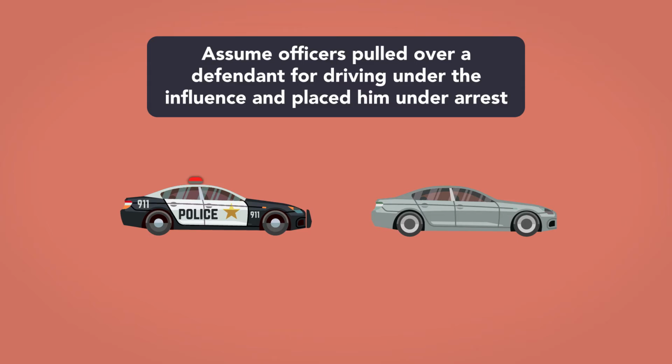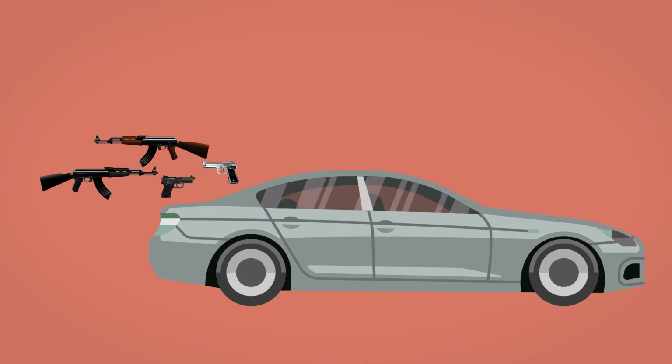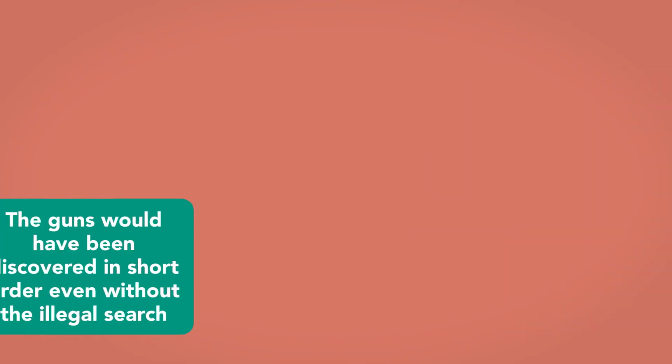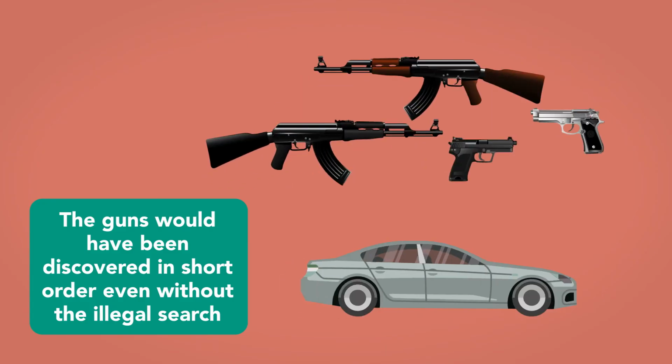Before taking the defendant to the station, the officers illegally open the trunk and find illegal guns. Although the officers illegally opened the trunk, the officers were going to tow the vehicle down to the station and perform an inventory search to secure the defendant's belongings anyway. As such, the guns would have been discovered in short order even without the illegal search.